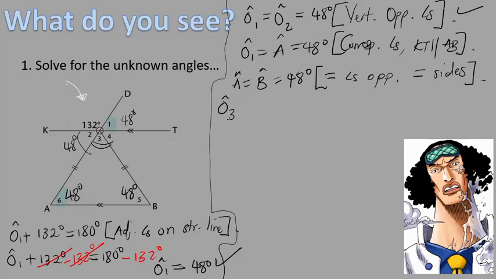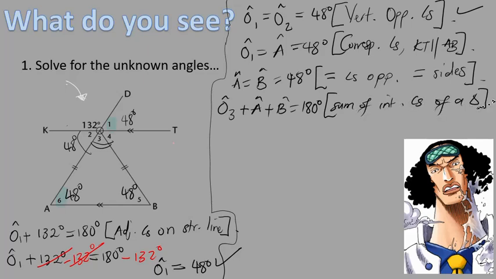I can simply say angle O3 plus angle A plus angle B is equal to 180 degrees. What will be the reason here? Sum of interior angles of a triangle.